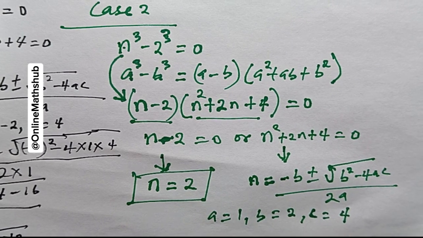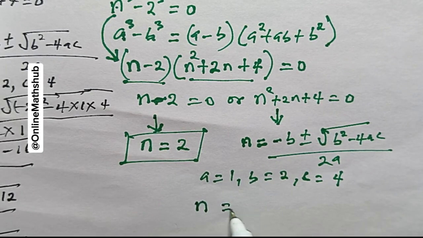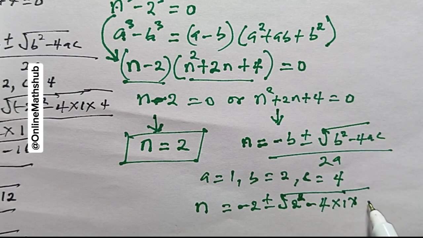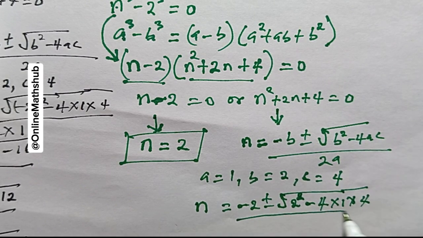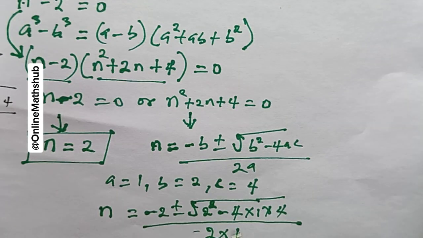If we substitute all of these values, n will be equal to minus 2 plus or minus root 2 power 2 minus 4 times 1 times 4, all divided by 2 times 1. When we evaluate this, it is 4 minus 4 times 4 times 1, which is 16, and 2 times 1 is 2.